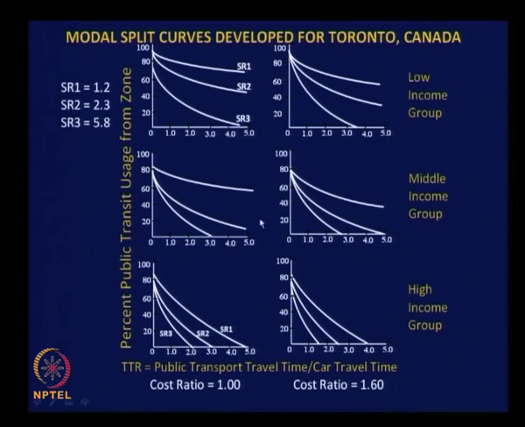And when the cost ratio is 1.6 and when travel time ratio is 2 in the case of high income group, it is interesting to note that no one will use public transport if the service ratio is SR3, right.